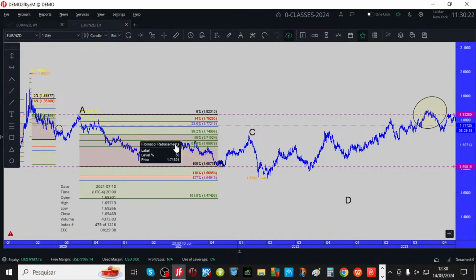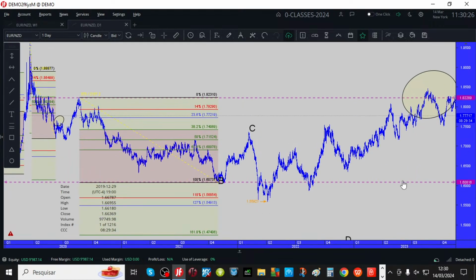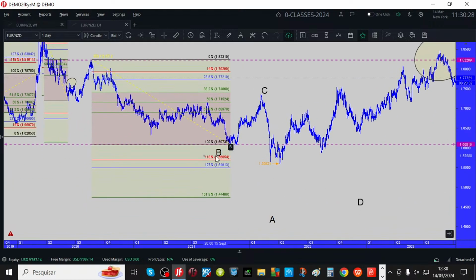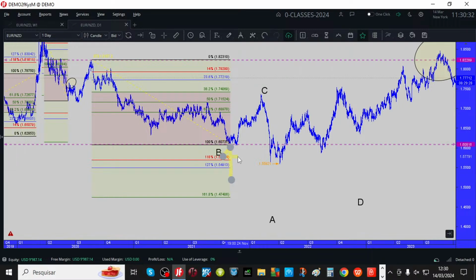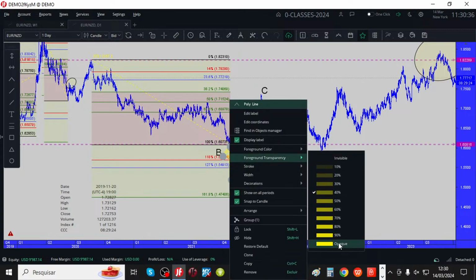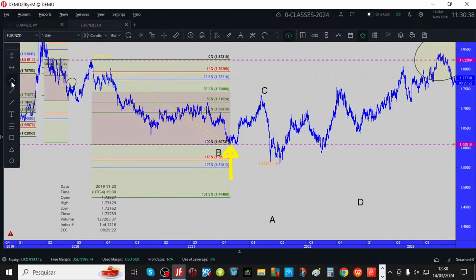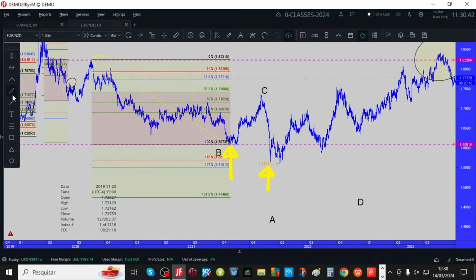So where should we start the new A? That's the question. Should we start our A at the first arrow? Should we start our A at the second arrow? Should we start our A at the third arrow?